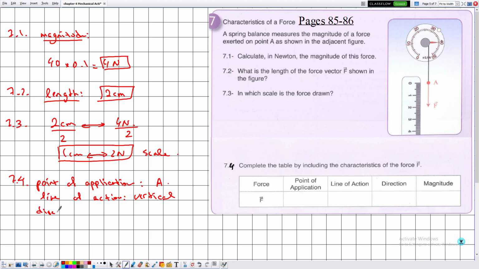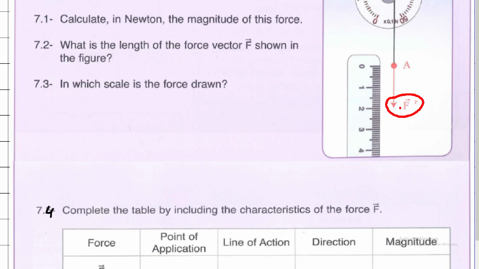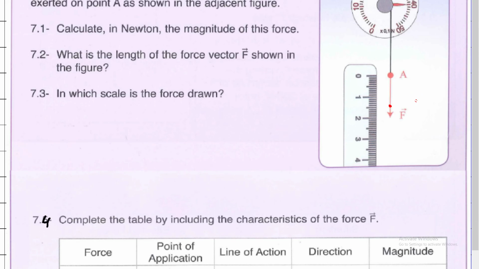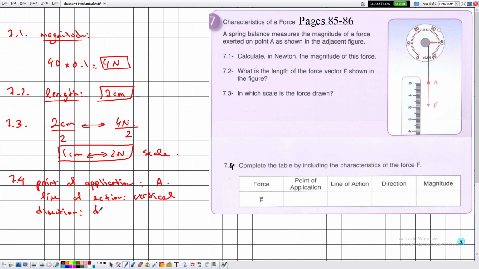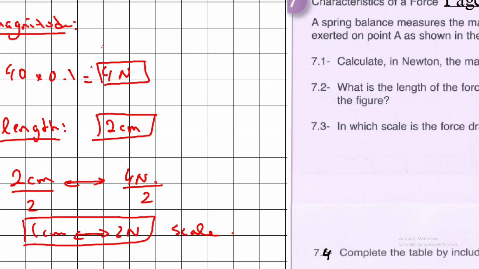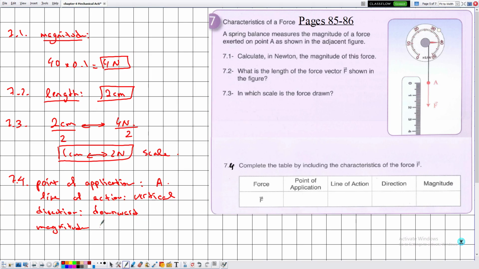The direction is determined from the pointing of the arrow, which is downward. And the magnitude in this case is given by 4 newtons.